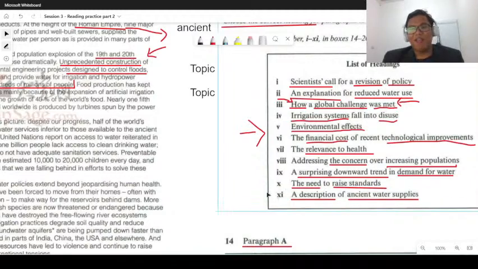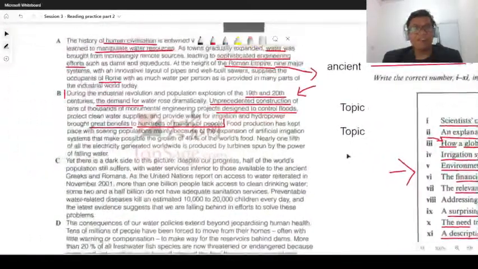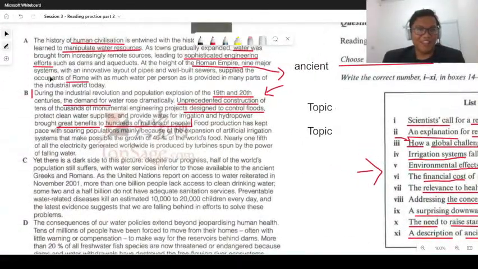So now the last heading, right, the 11th heading, we actually got one keyword connected. Now, the next thing that we have to check is whether there's a financial cost because we now have two options, right? Either the sixth heading or the 11th heading. So now we check, is there a financial cost or do we only get a description of that ancient water supply? So if we really take a look again, there is no finance, right?